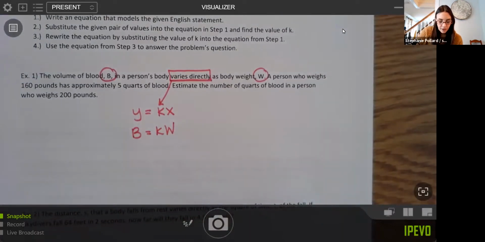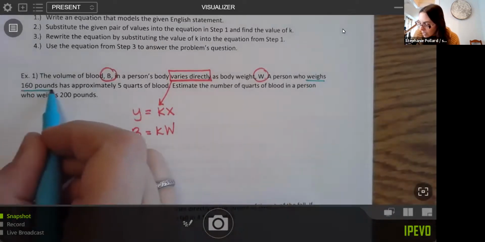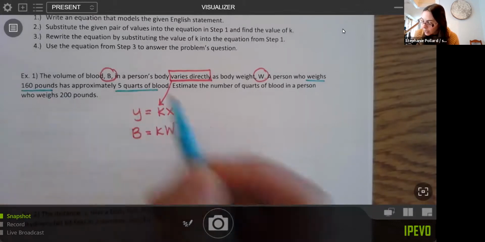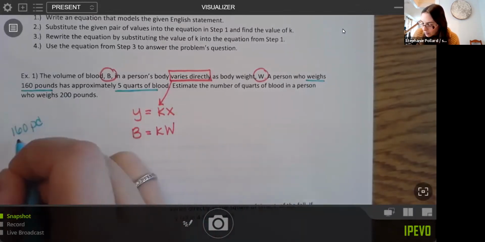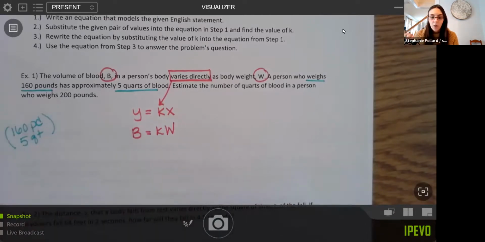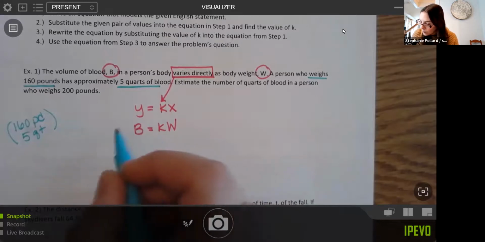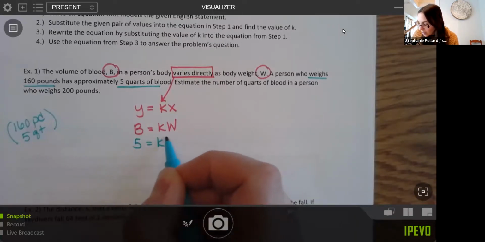And then the other thing I'm told is that a person who weighs 160 pounds has about 5 quarts of blood in their body. So 160 pounds and 5 quarts are associated together. So we're going to plug those in. The blood is 5, the weight is 160.